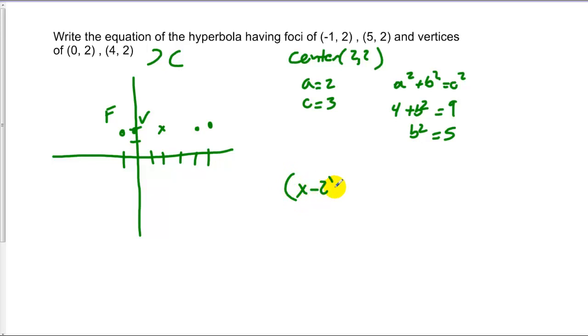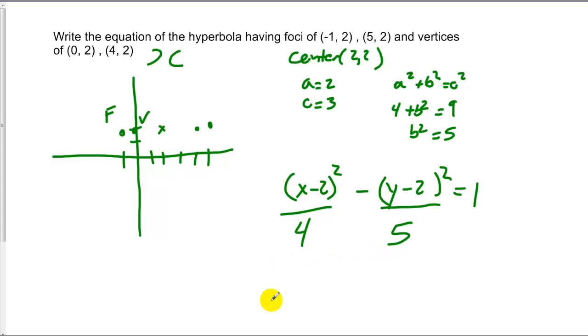So I have x minus 2 squared minus y minus 2 squared is equal to 1. My a term always goes first, so I divide by a squared, and I get an a squared term of 4. My b squared term we've already determined is 5, and now I have the equation written.